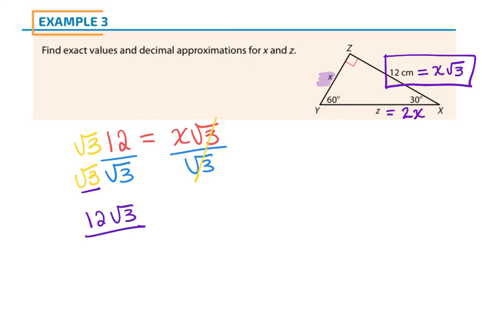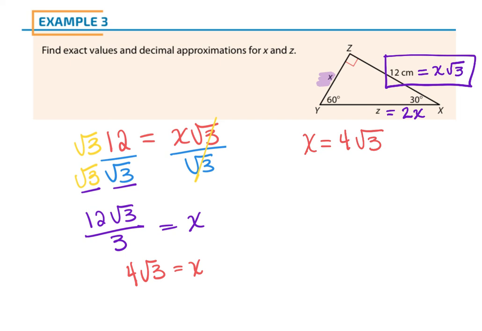On the bottom, remember, those cancel out the radicals, and I just have 3. Over here, I canceled it out. I just have x. I can reduce. What can I reduce? 12 and the 3. So this is going to be 4 square root of 3. That is the exact value of x. So the exact value of x is 4 square root of 3.